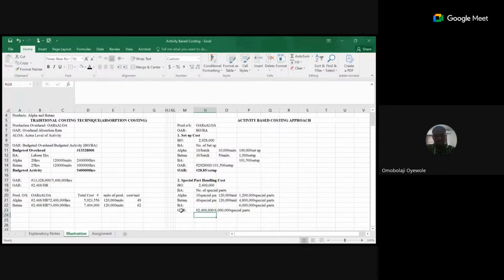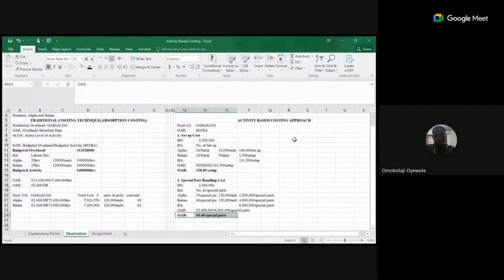Now that will give us what? 0.4. Just 0.40 per special part. So that's our OAR for special parts handling costs.